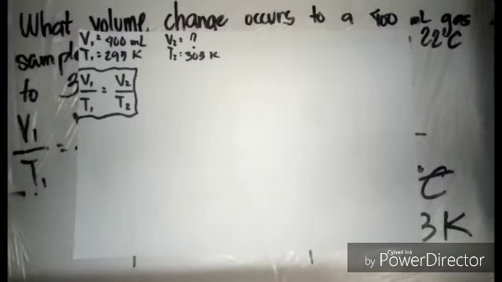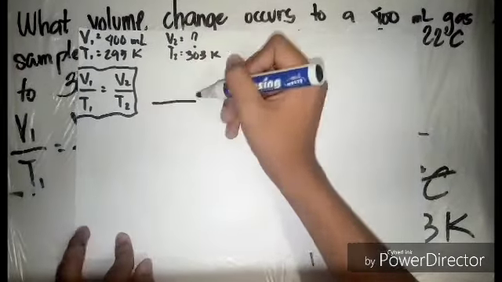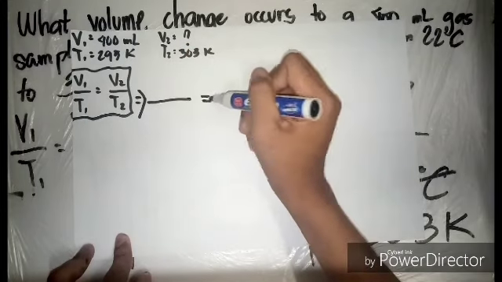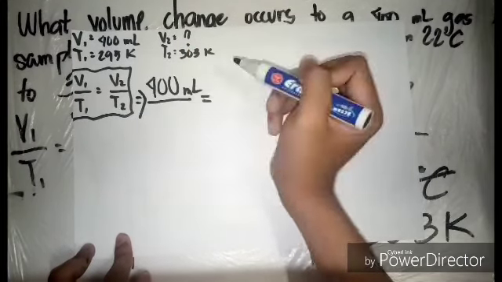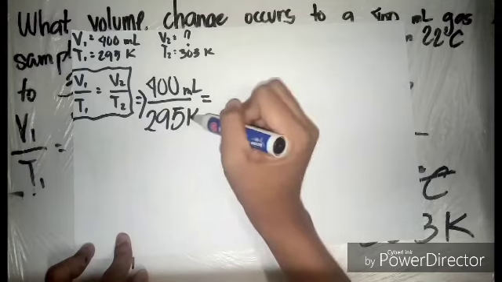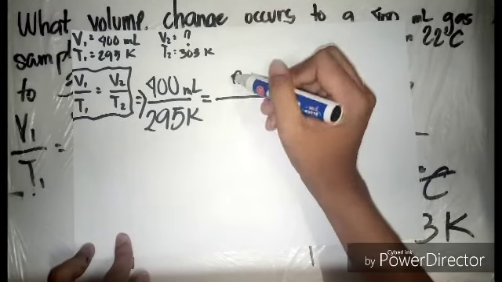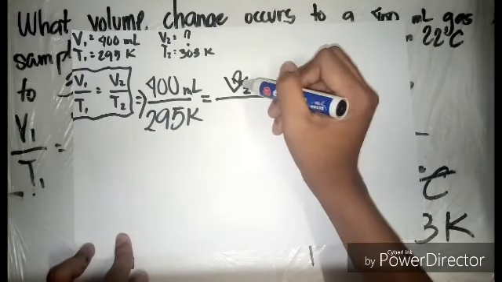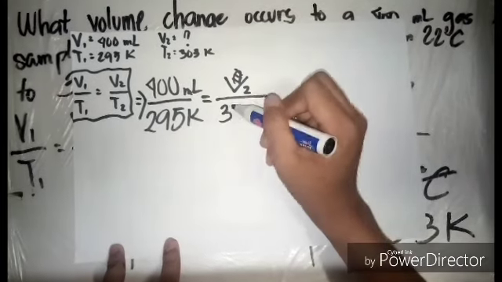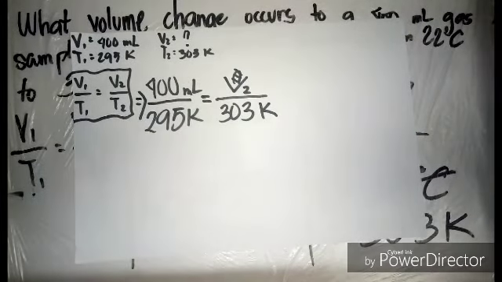Then we are able to do the formula. 400 ml divided by 295 Kelvin equals second volume divided by 303 Kelvin.